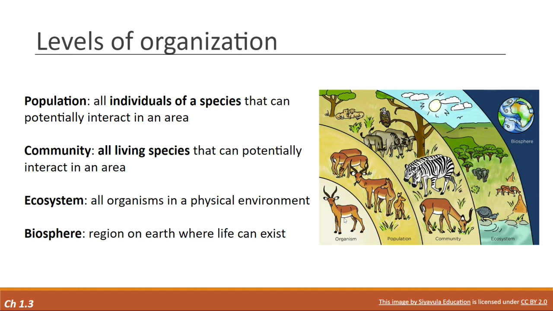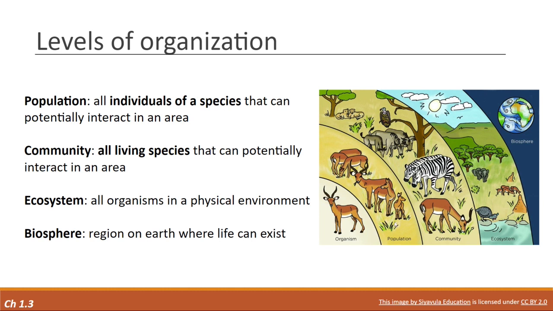When we take a bunch of the same organism, so many individuals of a given species, and a species means they can interact, so you would have a bunch of humans or deer, this would be a population. A population is a group of individuals of the same species.